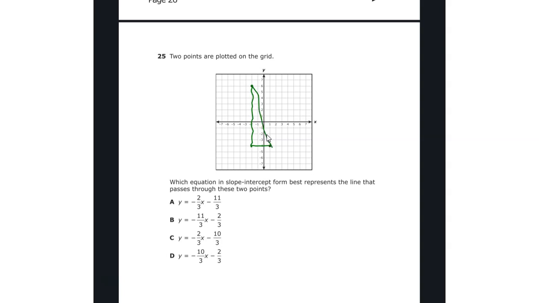So let's go with rise over run. Rise over run is going to be 6 to negative 4, negative 10 over, and then we have negative 2 to 1, which is going to be an increase of 3. So negative 10 over 3, I'm not even going to go further. That's my best answer right there.